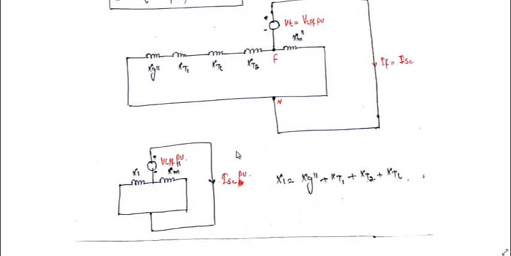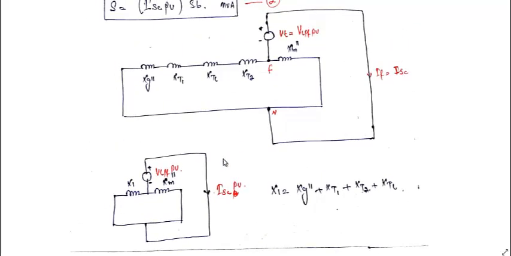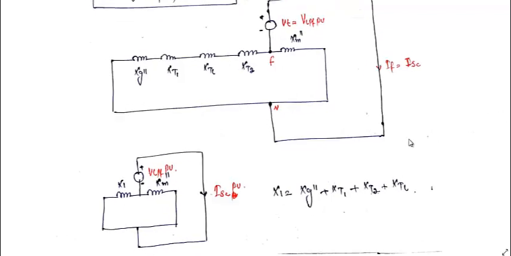By the same explanation, X_TH, the total reactance seen between F and N, will be equal to X_1 parallel X_M, where X_1 is X_G double dash plus X_T1 plus X_T2 plus X_TL. I have used the same circuit just to make you understand it easily.